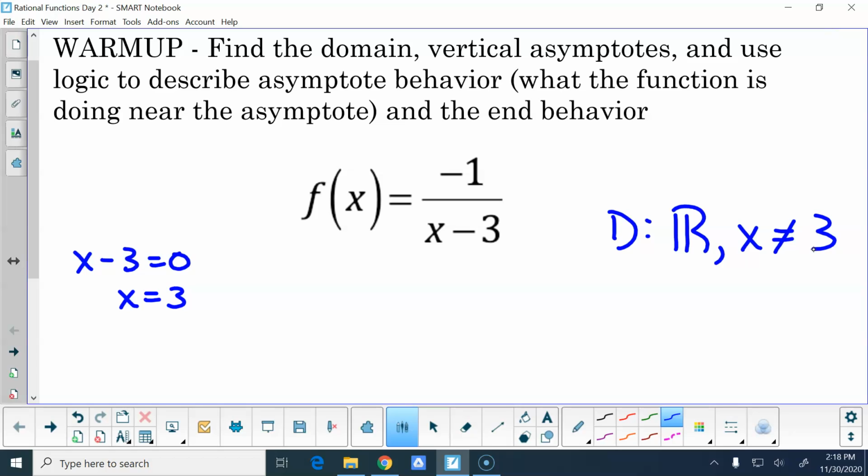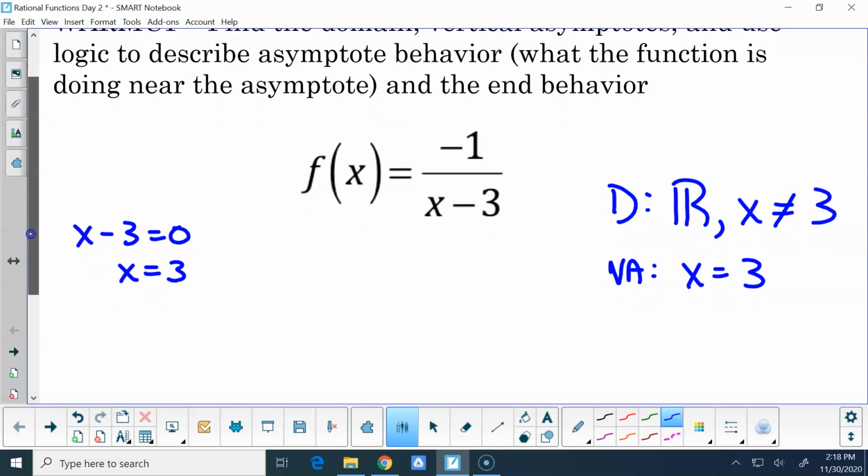That's the domain. Because x cannot equal 3, that means we have a vertical asymptote at x equals 3. Remember, vertical asymptotes are set in line form, so 3 there is not enough to get the correct answer.